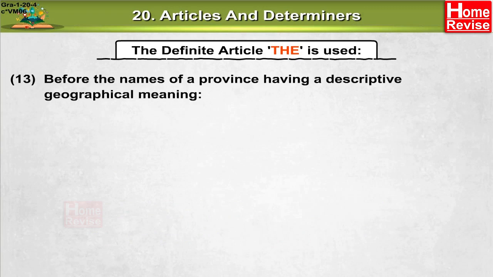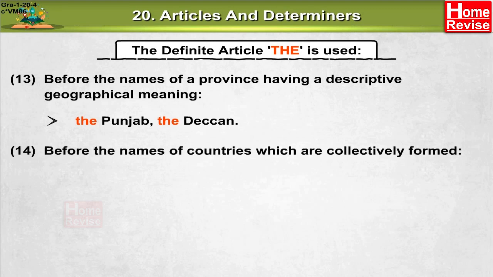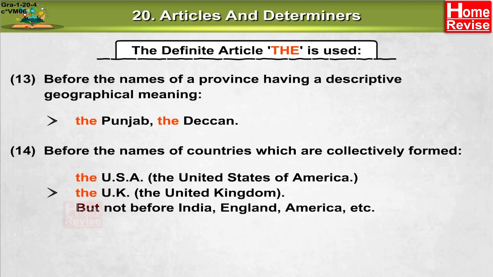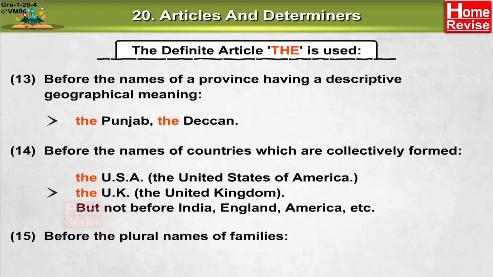13. Before the names of a province having a descriptive geographical meaning. The Punjab, the Deccan. 14. Before the names of countries which are collectively formed. The USA, the United States of America, the UK, the United Kingdom, but not before India, England, America, etc. 15.